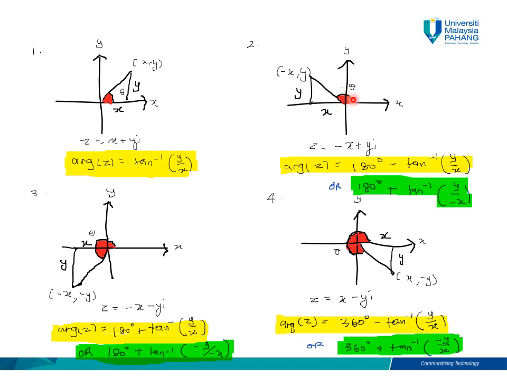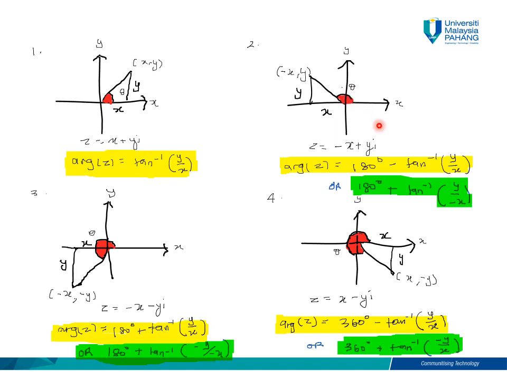We know that the whole thing here is 180 degrees. So if you want to find the red area, it is 180 degrees minus arctangent of y over x. Here we minus, then you get the red area.